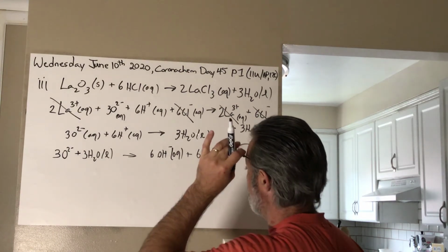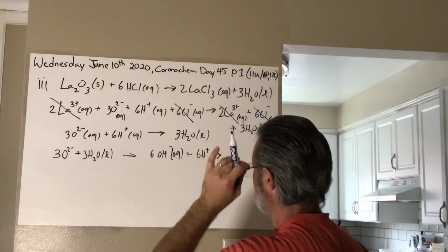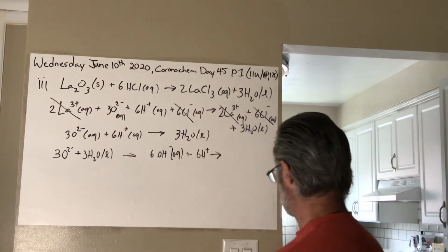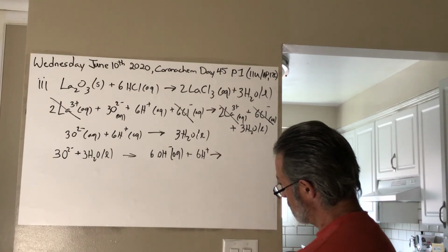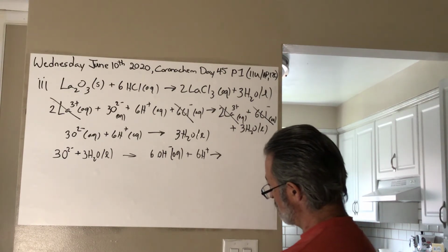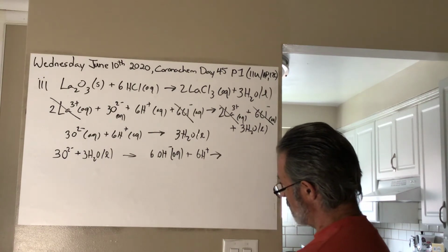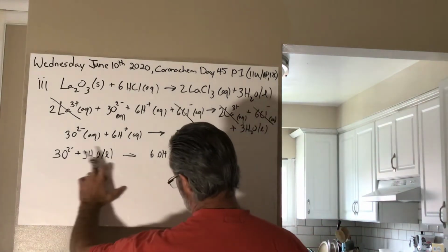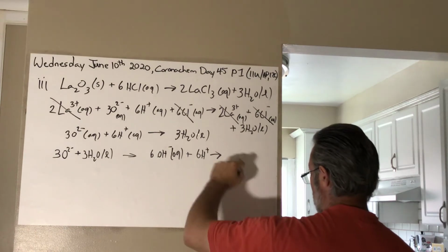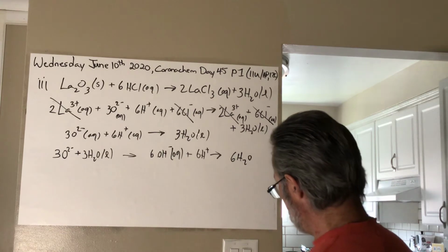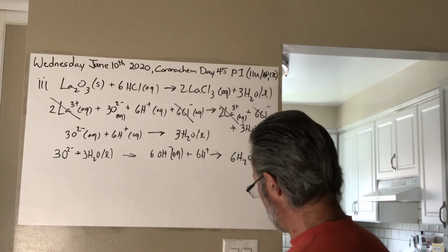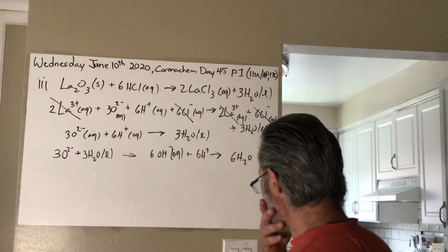Why am I getting 6 waters here? Yeah, right, because there's 3 oxygens here, 3 oxygens there, so it makes sense. But you get 6 waters here, the way I've written it out. So I've thrown in an extra, I'm trying to balance it, but I'm making it worse.